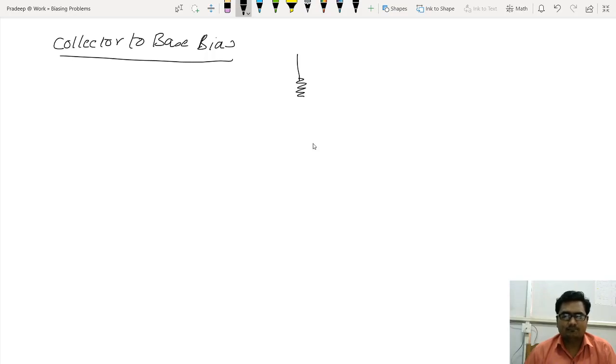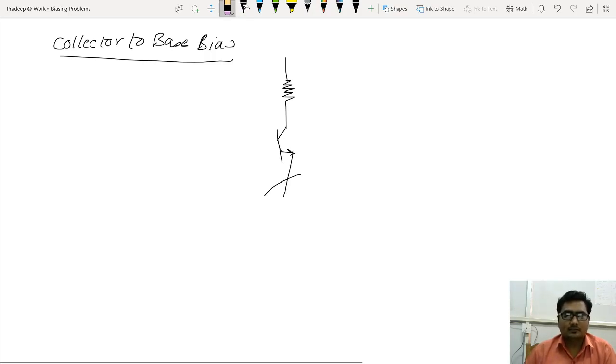One collector resistor, emitter is grounded. It is grounded. What else?